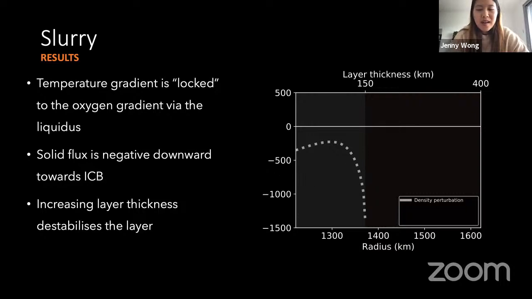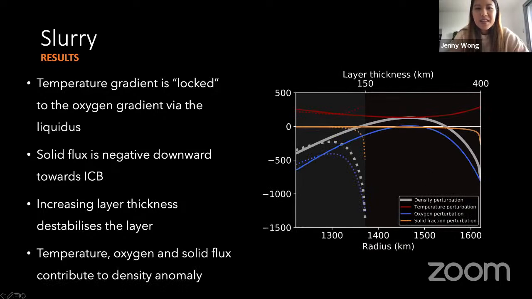I don't know if I can really say what's responsible, because it's a mix of what dominates. You can see the difference in the density perturbations between the smaller layer thickness and the larger layer thickness. And in this graph, I've separated those contributions from the temperature, oxygen, and solid fraction perturbations. It depends on the competition between oxygen and temperature, essentially.